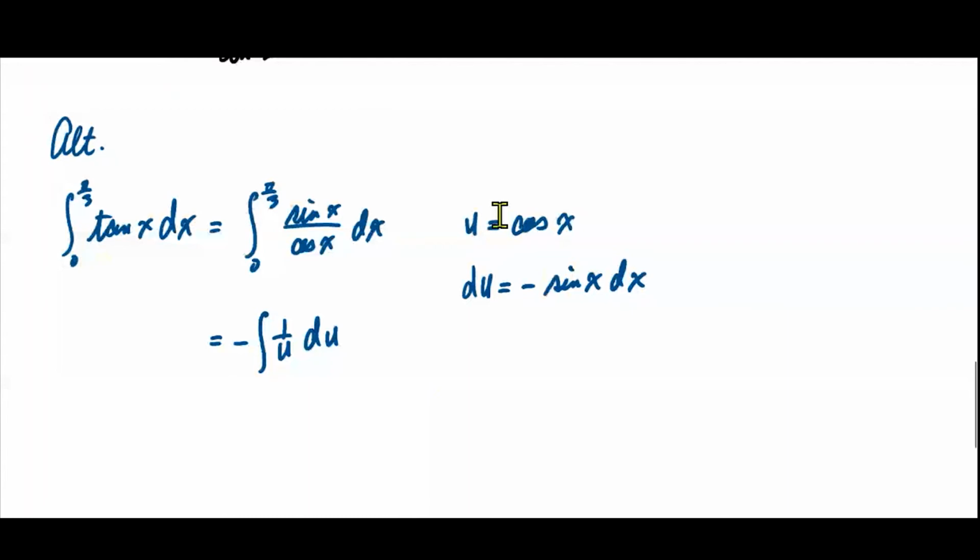Well, you substitute 0 here, and this is the relationship between u and x now, isn't it? Pay attention, this is very important. Some people never get this. So substitute 0 here, and cosine 0 is 1. And then substitute pi over 3 here, then you get 1/2.